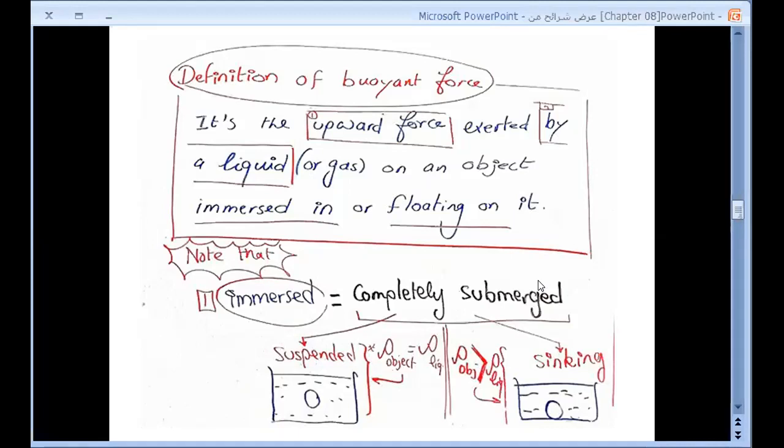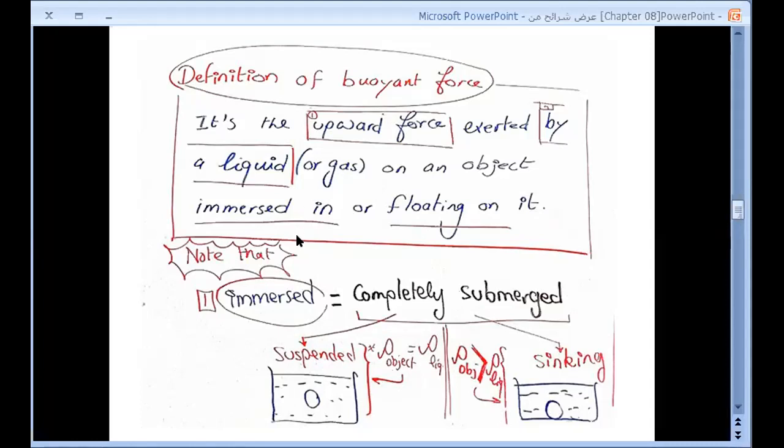The fact says that, not me. On an object that's immersed in or floating on it, meaning the liquid or the gas. So this is the definition according to what we described a few minutes ago.